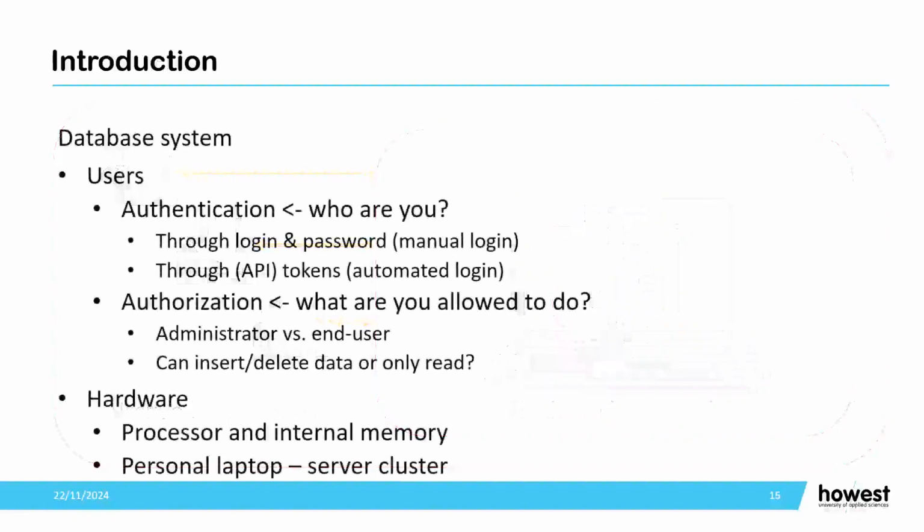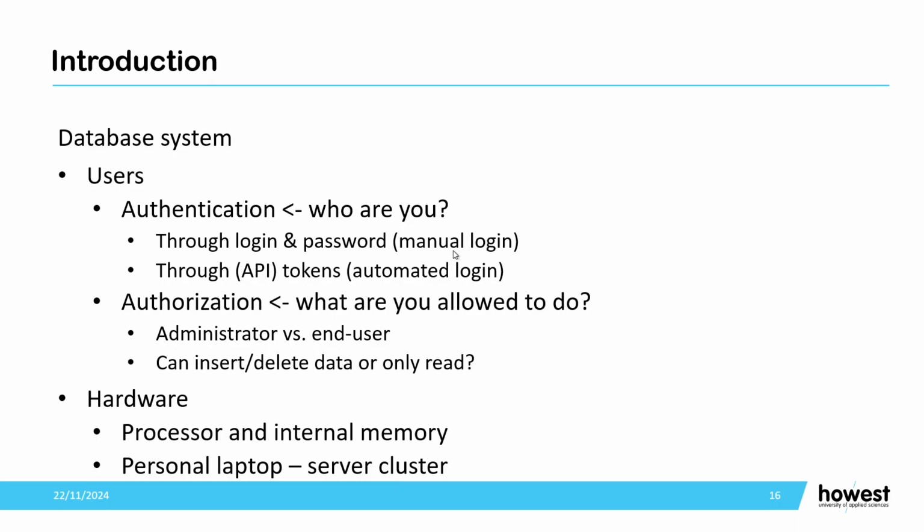To go into a bit more detail, with users there are two major components here, and users can also be other programs. The first is authentication. Authentication is basically saying, who are you? So logging in to a database with username and password. That's manual, of course, but you can also do this programmatically and provide the email address and password, or username and password.